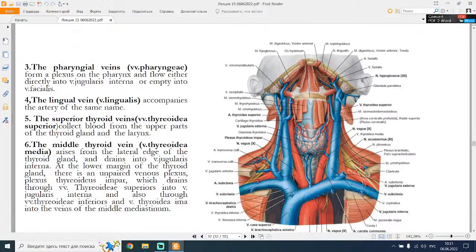Next vein, vena pharyngealis. It forms a plexus on the pharynx and flows directly into the vena jugularis interna or empties into the vena facialis.